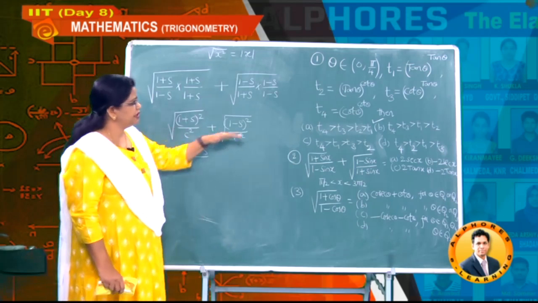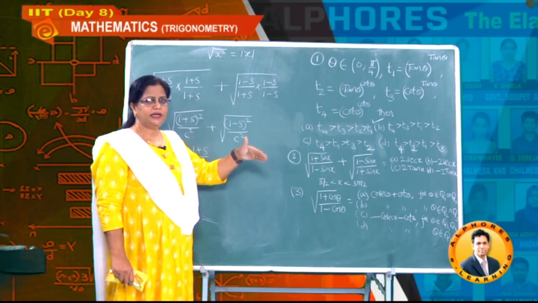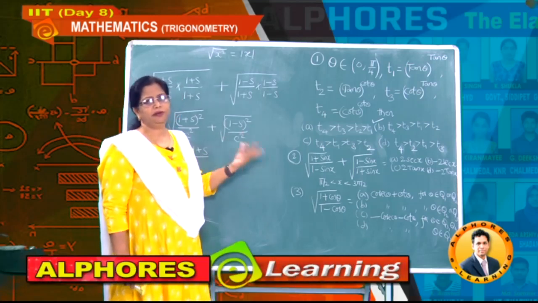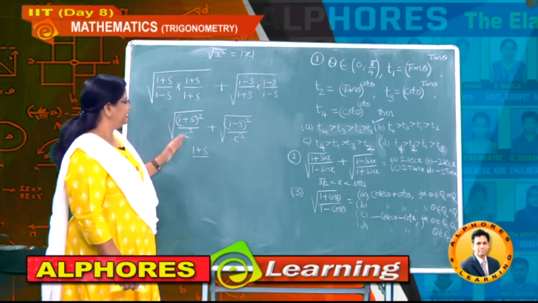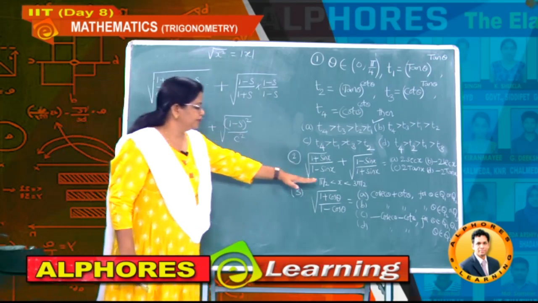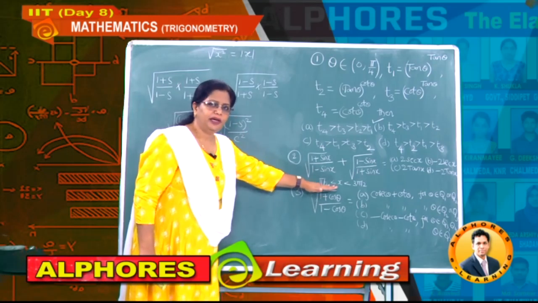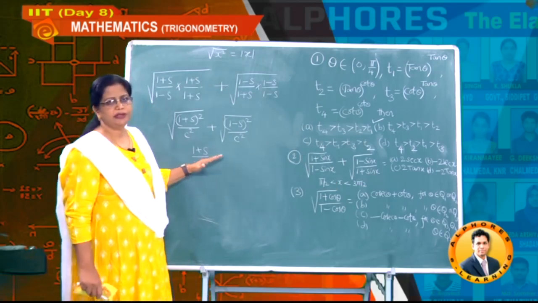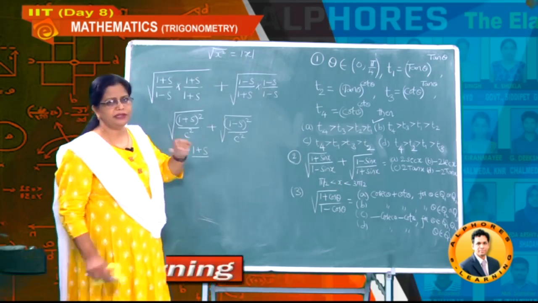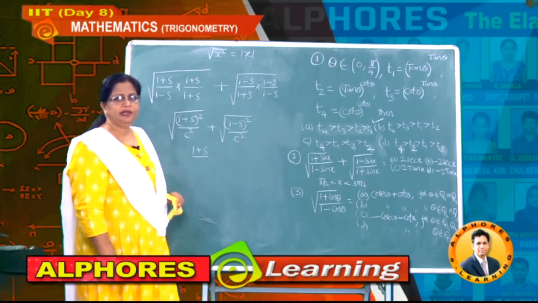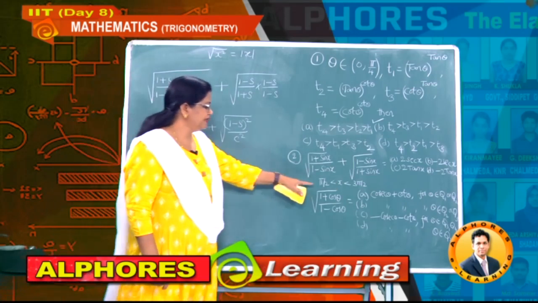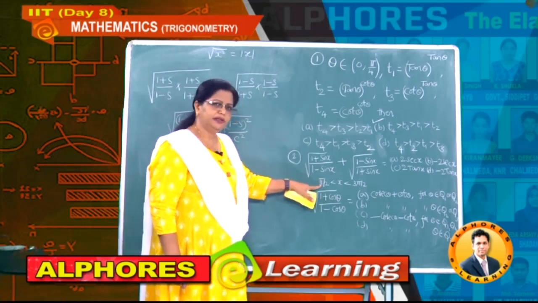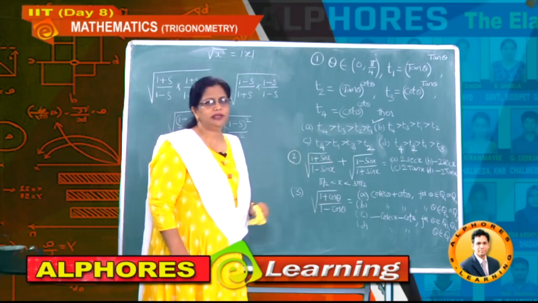What is the reason? Just now we observed 1 plus sine and 1 minus sine are always positive within the domain of all real numbers. That is the reason I wrote the numerator directly, free from a plus or minus symbol, that is plus 1 plus sine. Now what about the denominator? How is cos x actually? The x value is in the second quadrant to the third quadrant.